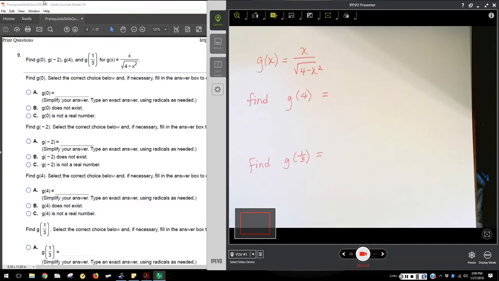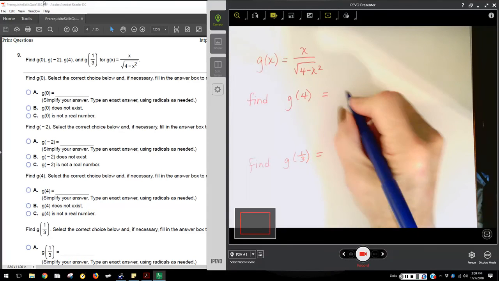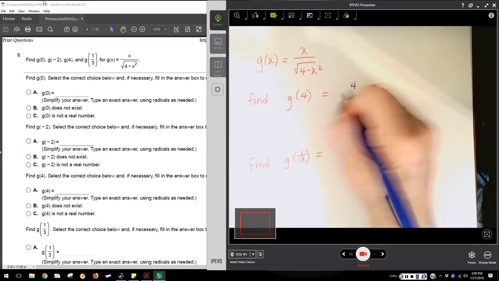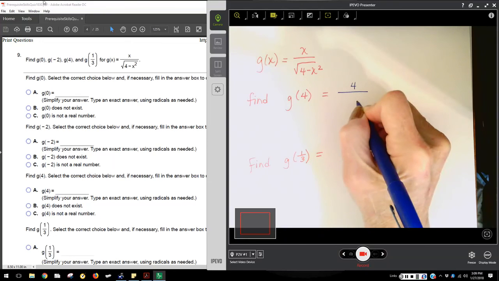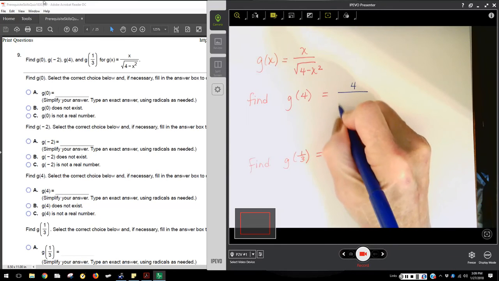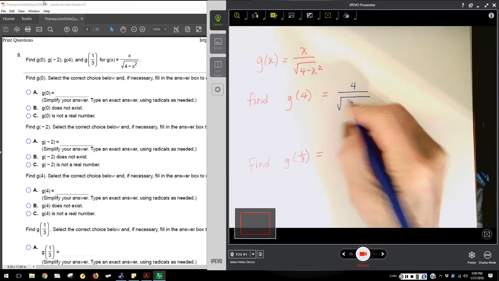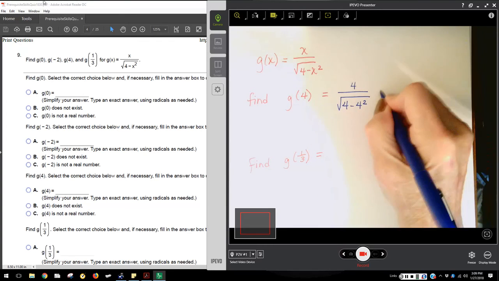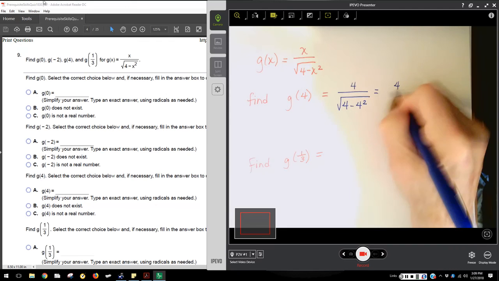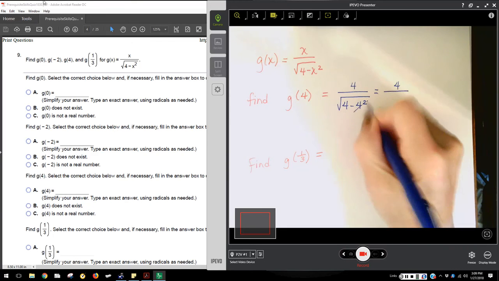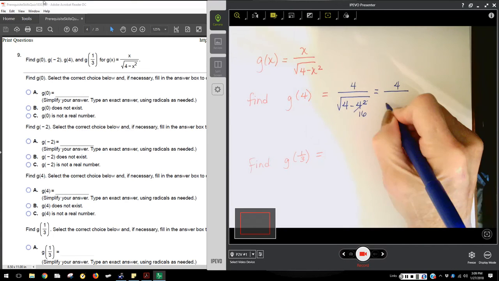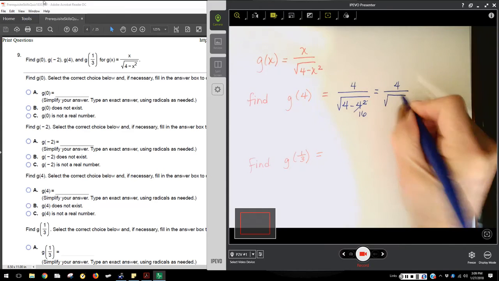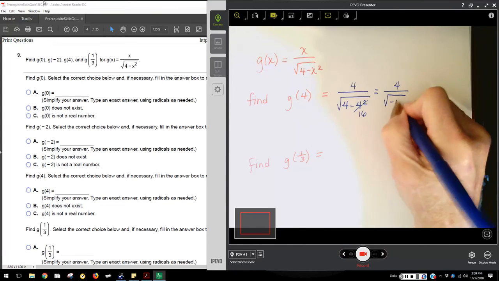So let's go about doing that by hand to see why we got what we did. So g of 4 is going to be 4 over the square root of 4 minus 4 squared, which is going to be 4 over the square root of 4 minus 16, and 4 minus 16 is negative 12.